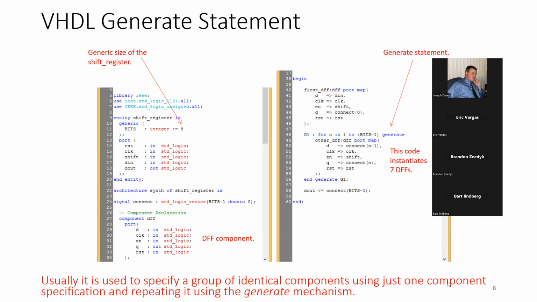I called it here about 7 times for 8-bit in one loop statement, instead of how we did it in the past, writing it 7 times or 8 times. Here I have the least significant bit, and those are the next 7 bits.